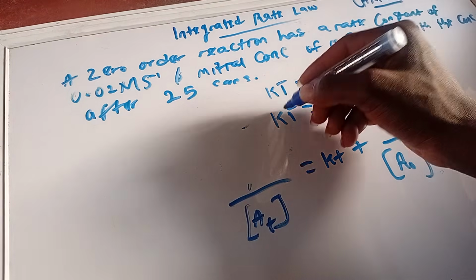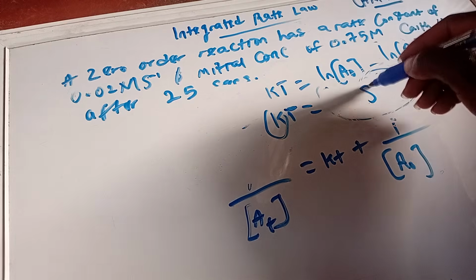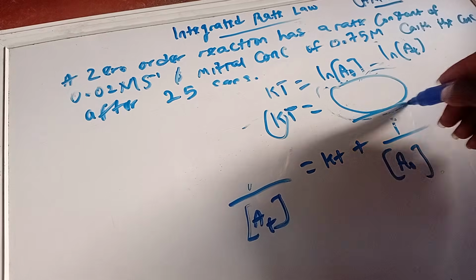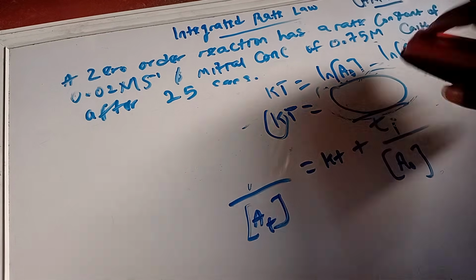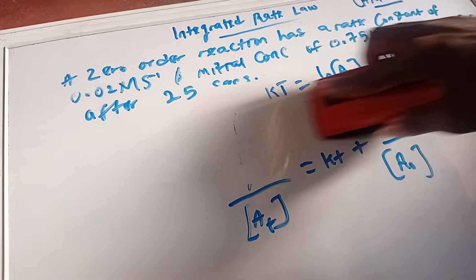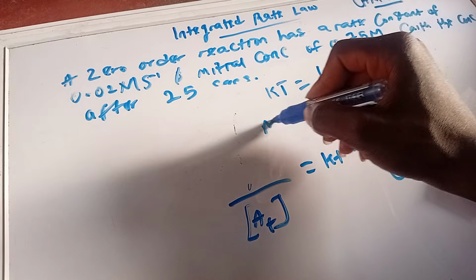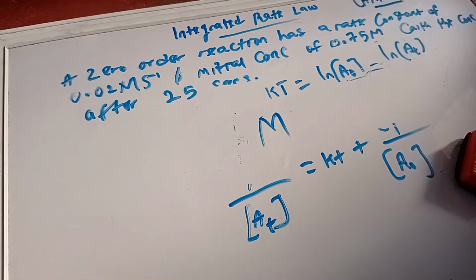So now whatever we get here, there will not be unit. If you are to make k the subject of the formula here, then the unit for k will now be what? Per second alone. Since whatever we have here doesn't have unit, divide it by t, then you just have per second. For zero order, the unit for the rate constant is big M per second, like that big M, not mole, which can represent mole per dm cube.